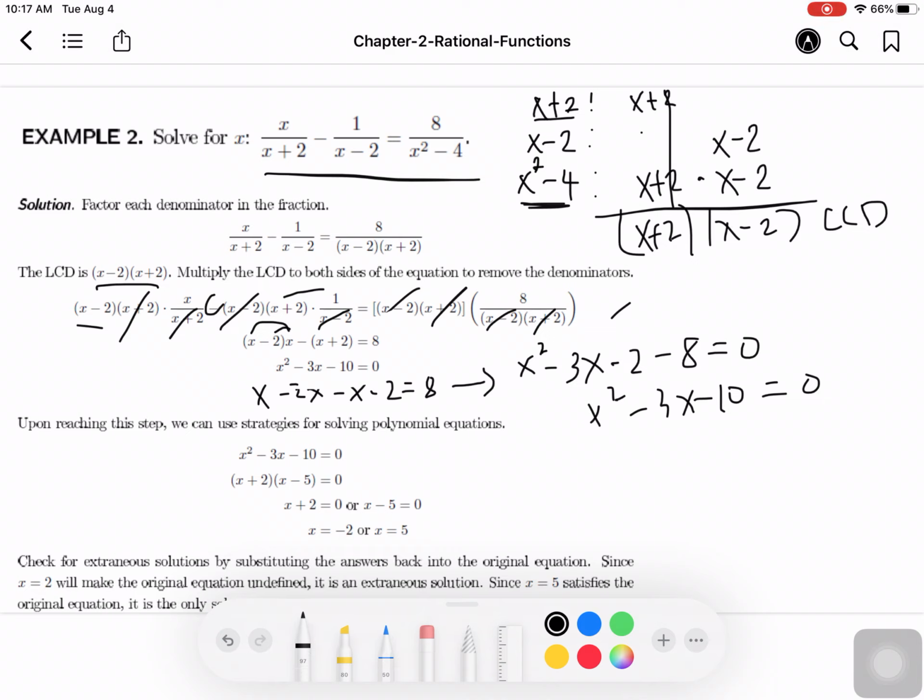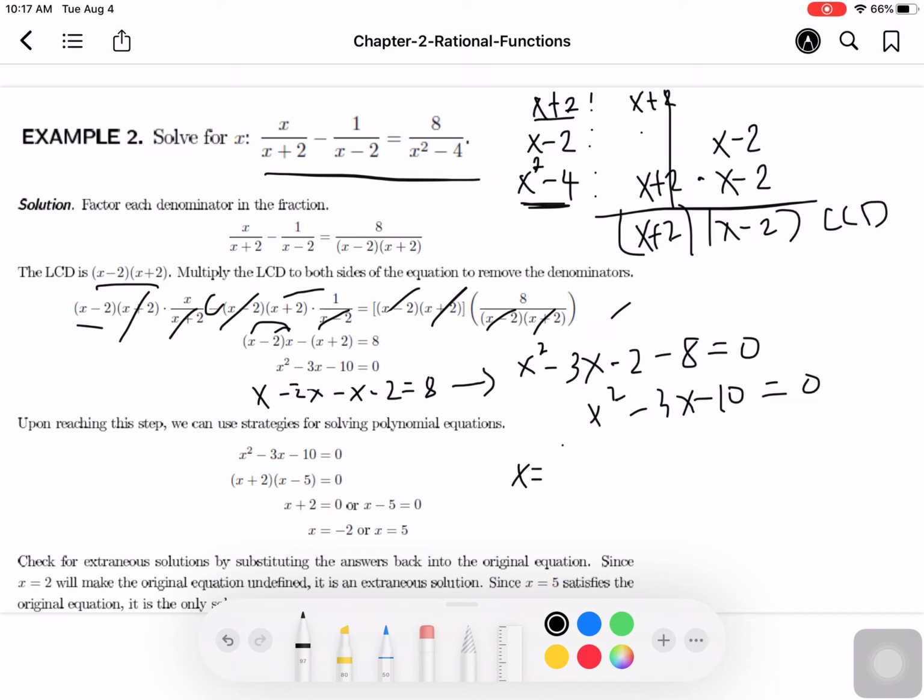Okay? So upon reaching this step, since this is a quadratic form, we will use our previous strategy. You can use factoring if it can be factored, or the quadratic formula. The quadratic formula is what?